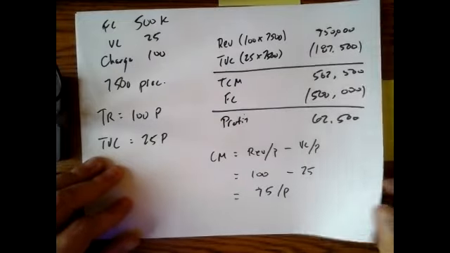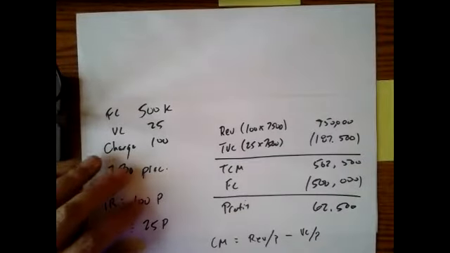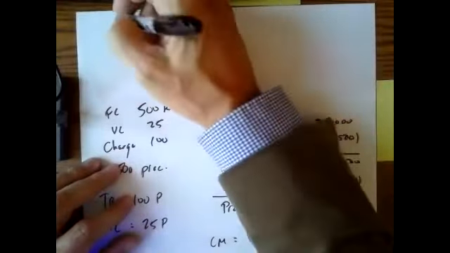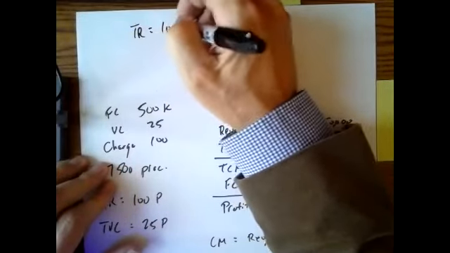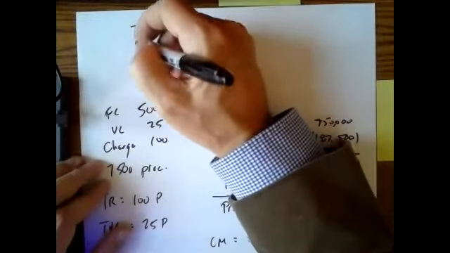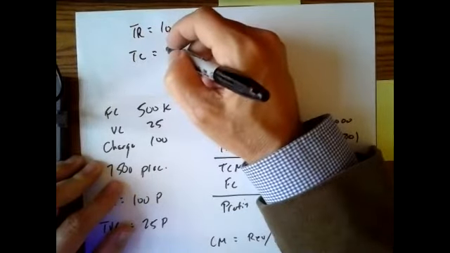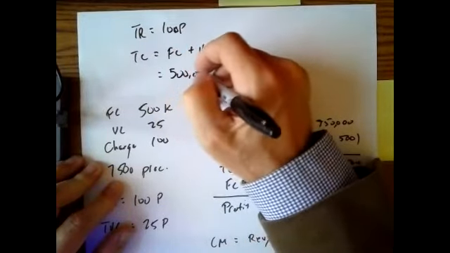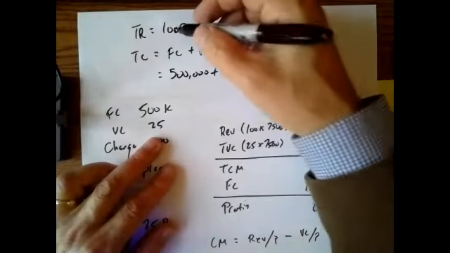The next question is, what is the break-even point or break-even volume? To calculate the break-even volume, we need to create the profit function. We take our total revenue function, which we already said was 100p, and then we need to create our total cost function, or cost structure. Total cost is equal to fixed costs plus variable costs, so 500,000 plus variable cost of 25p.